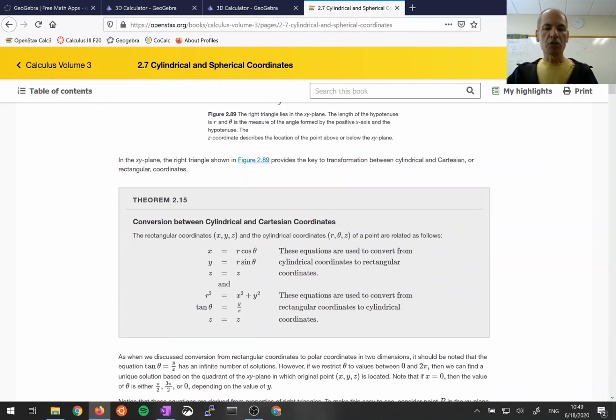The conversion formulas are relatively straightforward because you've seen them already. These are how you get from r, theta, and z to x, y, and z. If you have r and theta, you can compute x, you can compute y using the polar coordinate transformations, and z just goes along for the ride. And then the inverse transformations look similar.